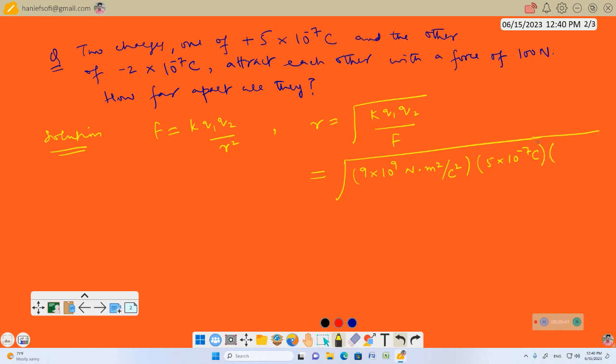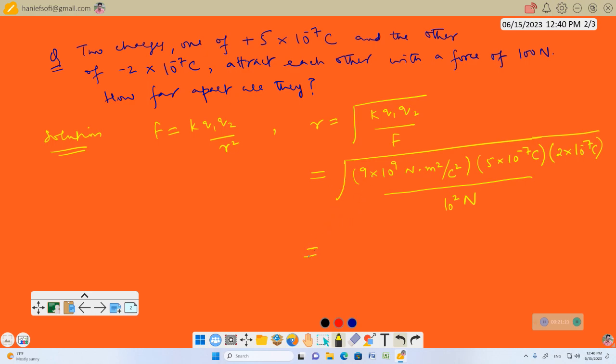Then I have another charge which is 2 into 10 raised to the power minus 7 coulomb. Then I have F in the denominator, which is 100 Newton, that is 10 to the power 2 Newton. So 9 into 10^9 times 5 into 10^-7 times 2 into 10^-7 divided by 10^2 Newton. This whole thing is in the square root.